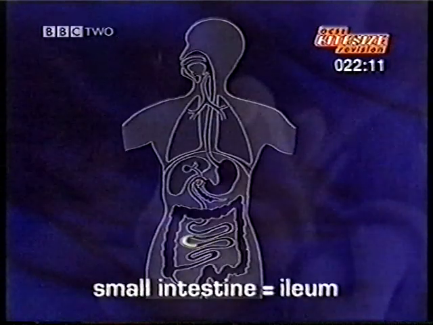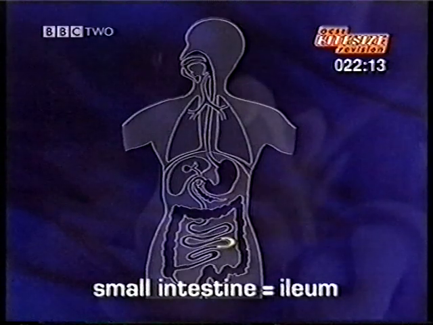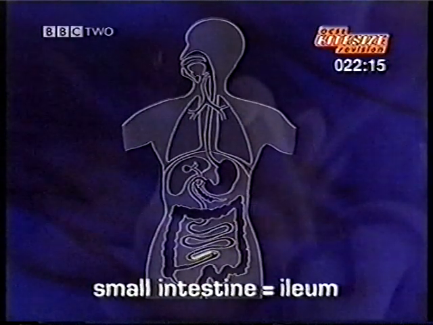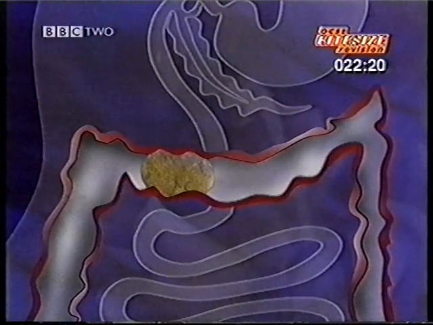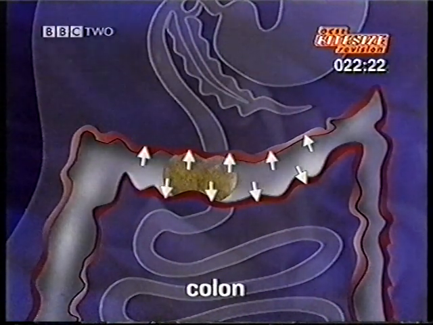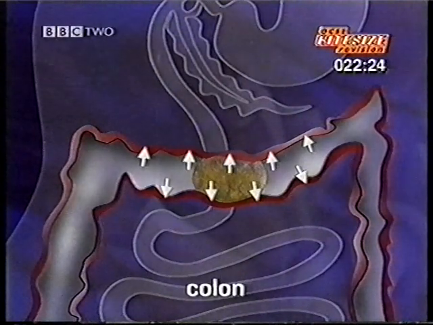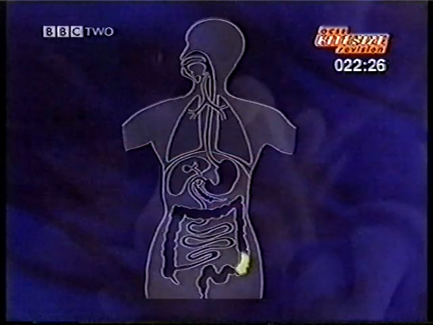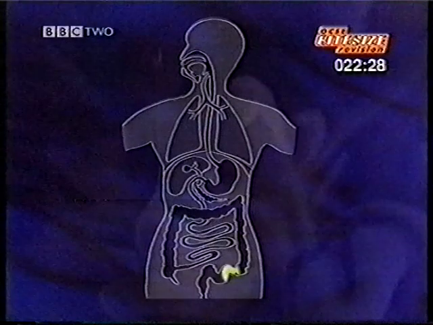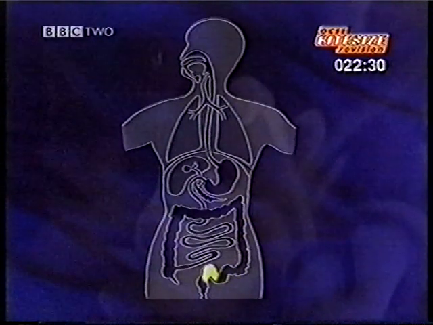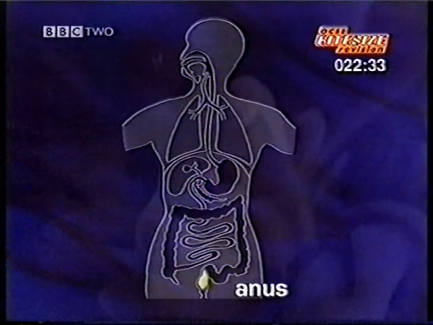By the time the mixture leaves the small intestine, almost all of the digestive food will have been absorbed through its walls. The rest travels very slowly through the colon, where the last stages of absorption take place. What is left is largely fibre, mixed with bacteria in the colon. This is finally expelled through the anus.